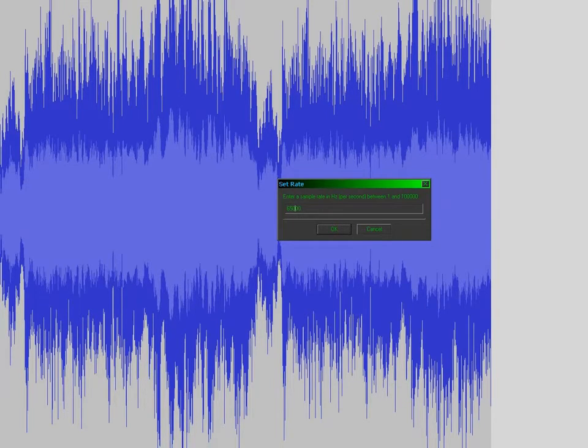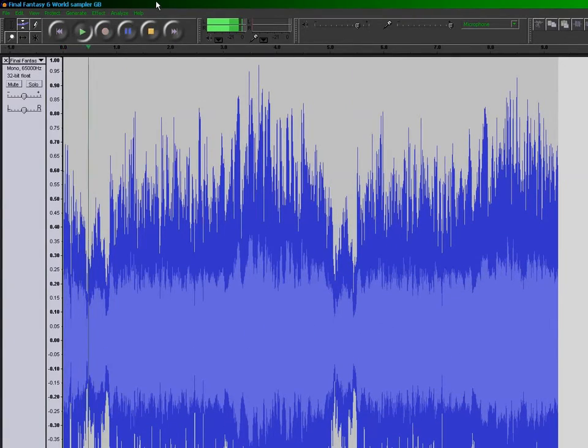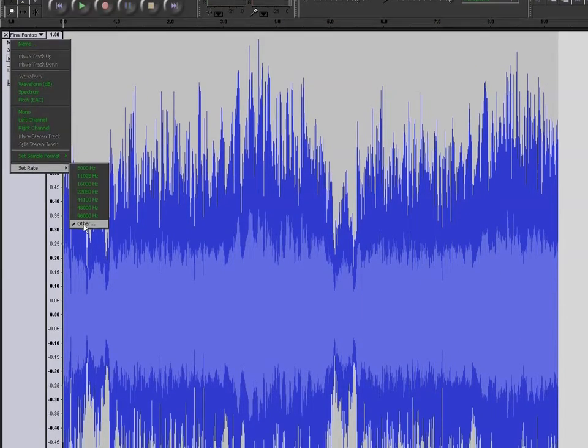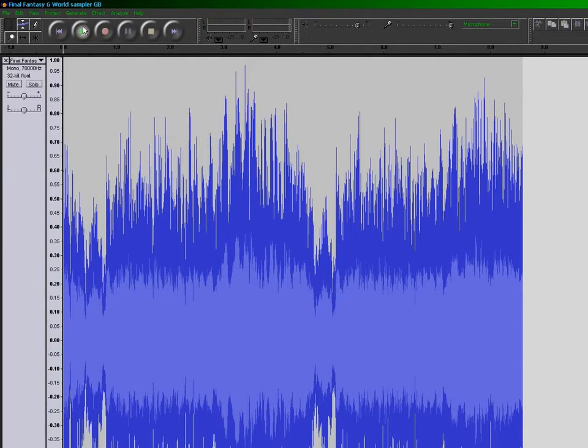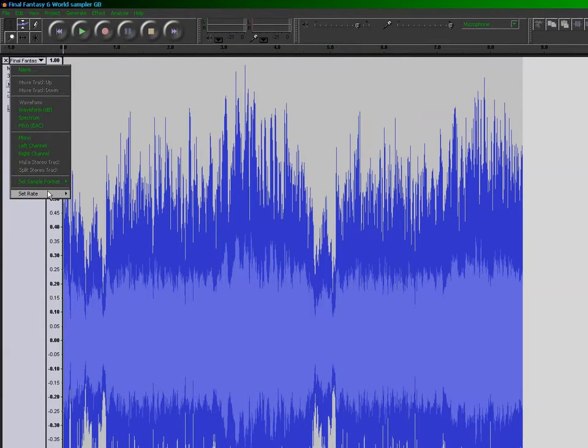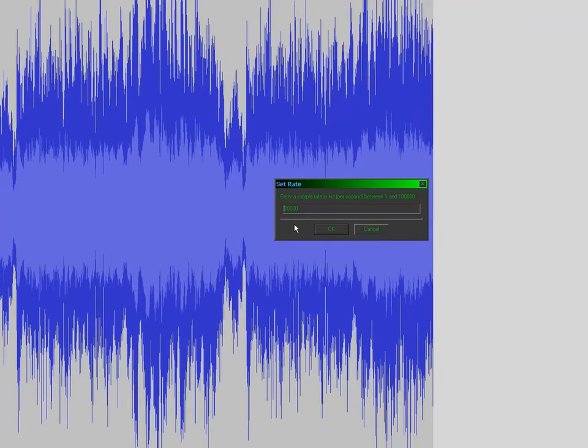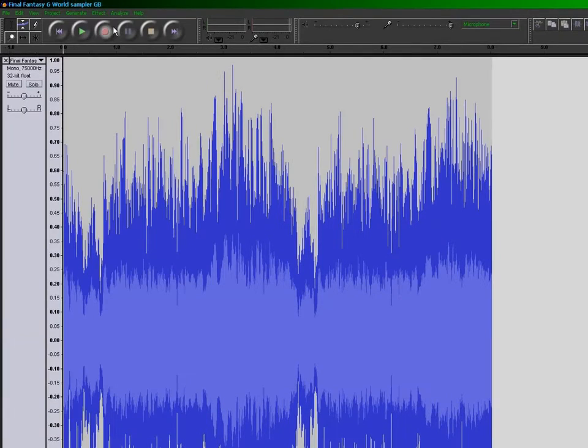Let's see, it's 130. And from this point onward, I normally jump by 10, so now it's 140. Very nice, surprisingly. 150.